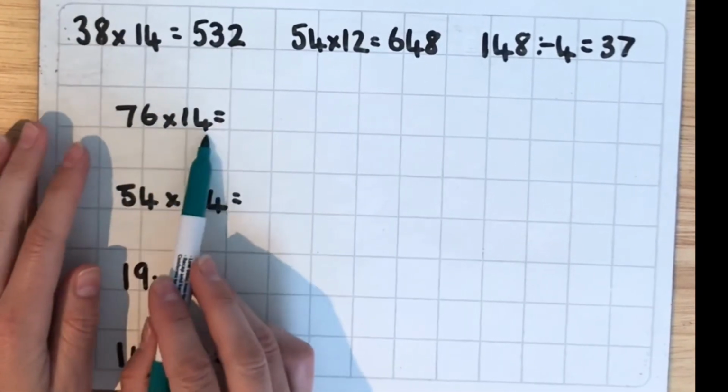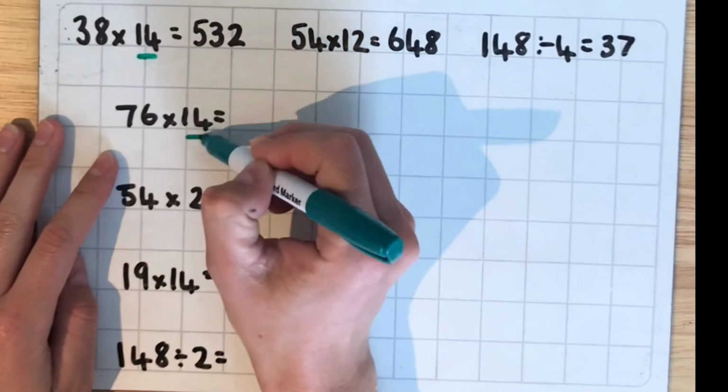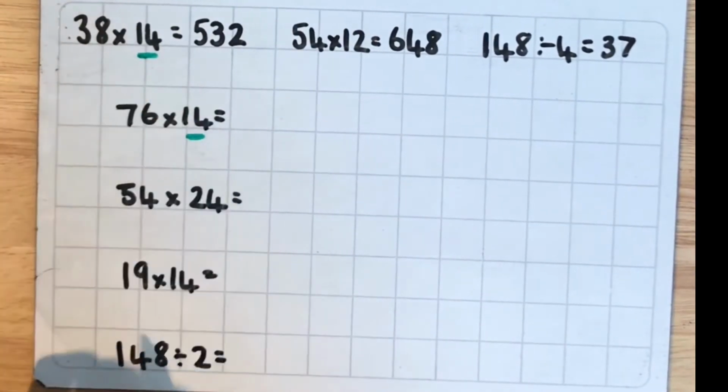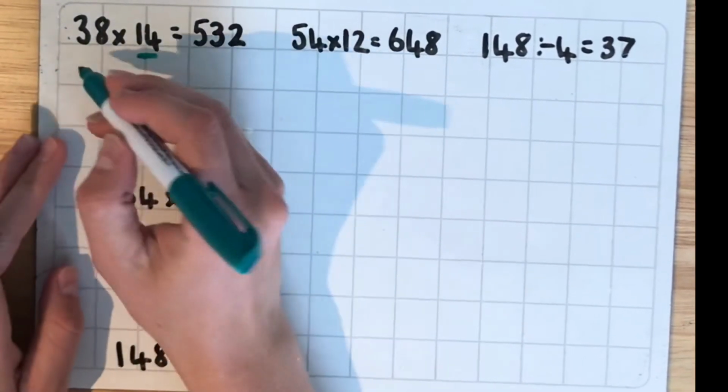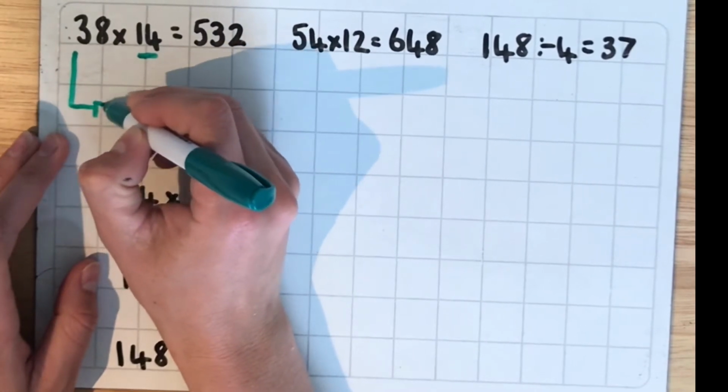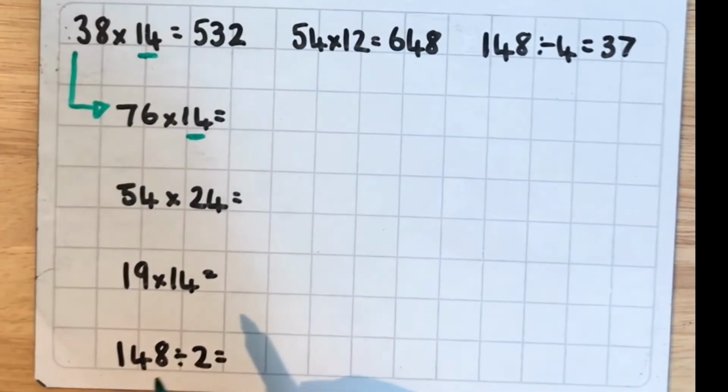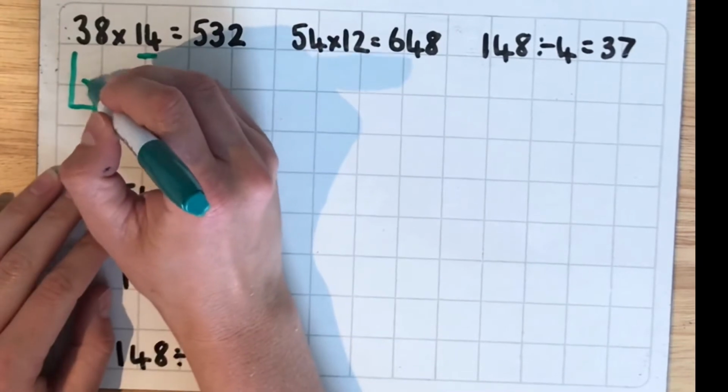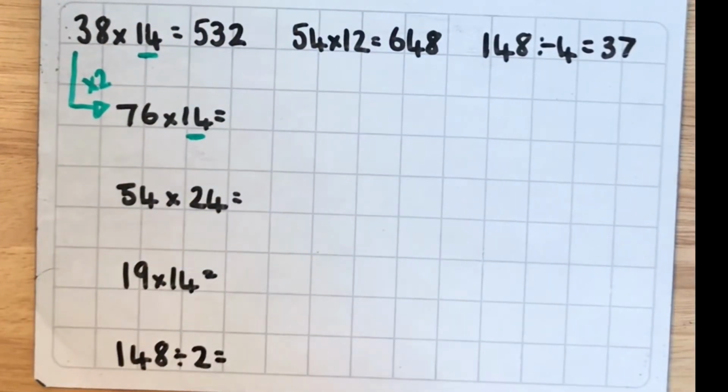What you want to look for in each question is a similarity to the calculations above. 76 times 14 is similar because it's both times 14. So what you're looking at is what has been changed between the 38 and the 76. The 38 has been doubled. So instead of 38 piles of 14, you've got 76 piles of 14.